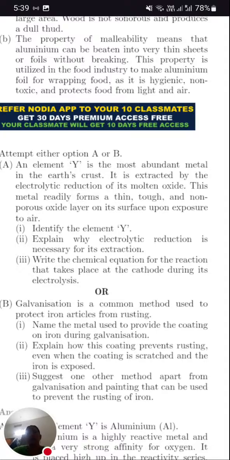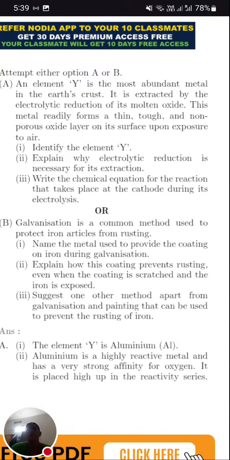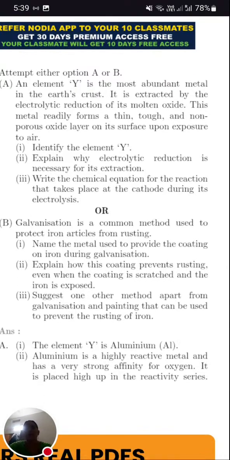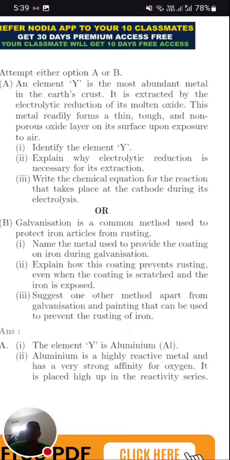This metal readily forms a thin, tough and non-porous oxide layer on the surface upon exposure to air. So this part is from the metallurgy section of metals and non-metals. Identify the element Y. Element Y is aluminium.